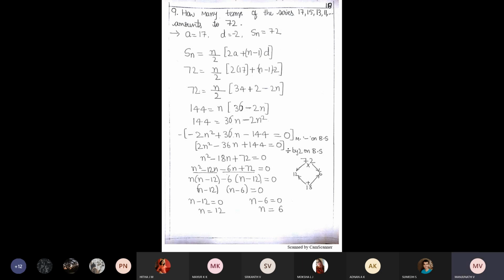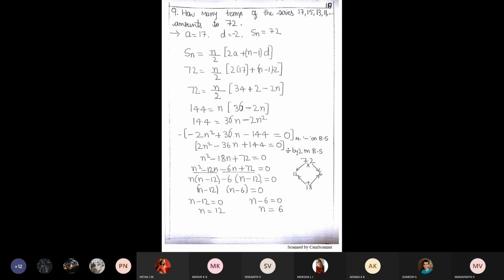That's what we are doing. I am dividing throughout by 2. If you divide this equation by 2, you get 2n square divided by 2, 36n divided by 2, 144 divided by 2, and 0 divided by 2.